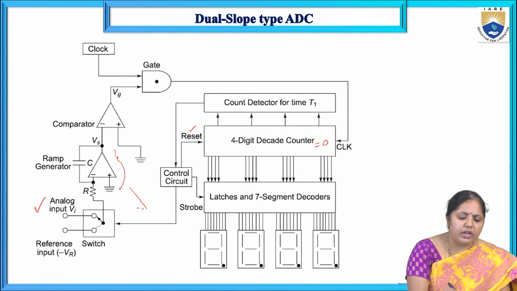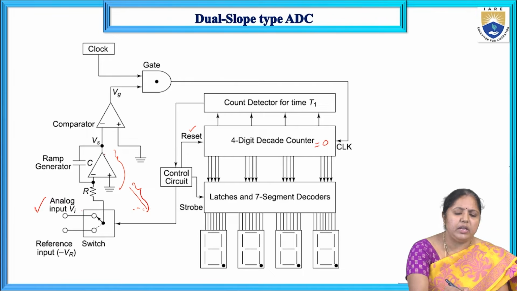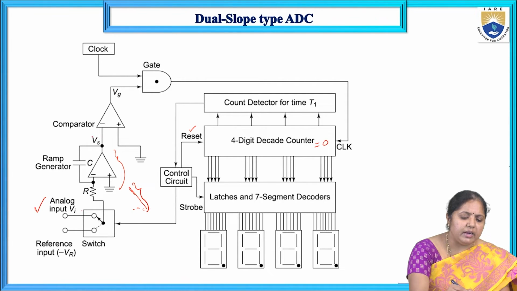When the negative ramp signal is coming, what is the output of this comparator? When the negative ramp starts, the output of the comparator is logic 1, because the ramp signal is a negative ramp.